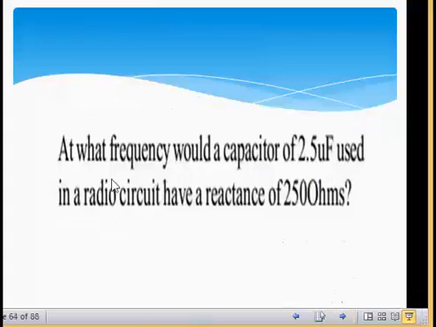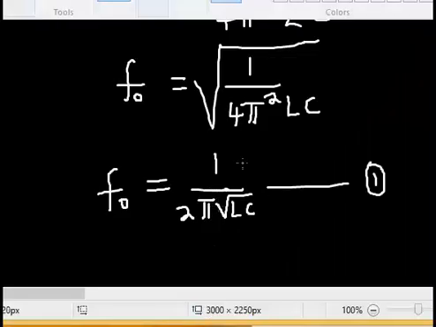Now let's look at a question. At what frequency would a capacitor of 2.5 microfarad be used in a radio circuit to have a reactance of 250 ohms? This is a capacitor, so we are dealing with capacitive reactance.